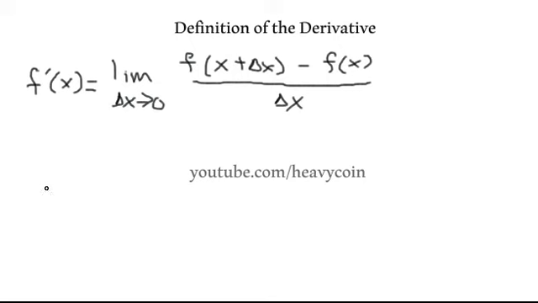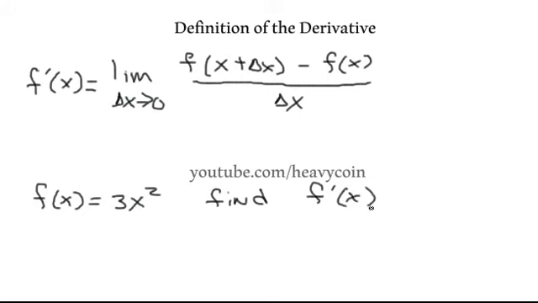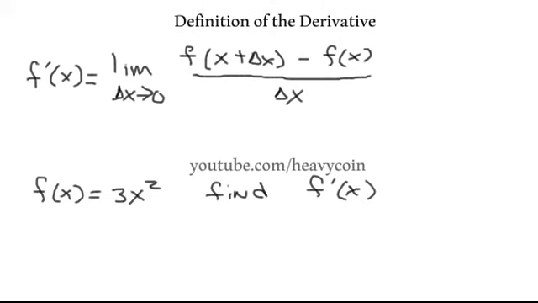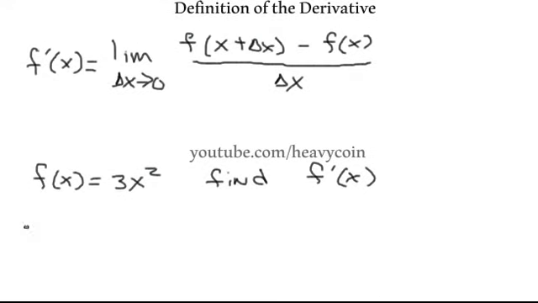We're going to let our function be 3x squared, and we want to find f prime of x. We're going to use the definition up here. So f prime of x is equal to the limit as delta x approaches 0.